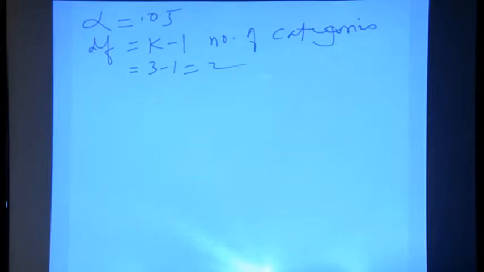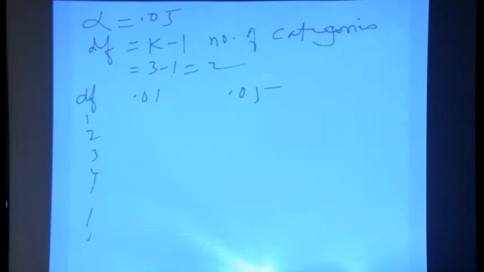And so, we look at the table, and the table looks something like this. There are degrees of freedom, and alpha levels given up there, 0.01 and so on. We are looking at 0.05, and here degrees of freedom are listed as 1, 2, 3, 4, and various numbers are given.